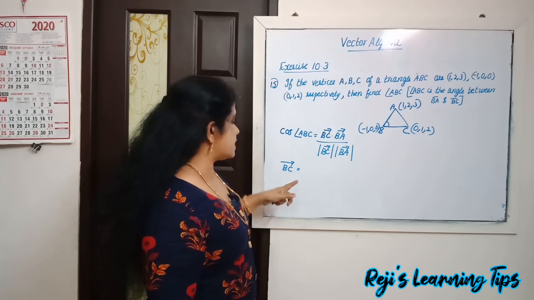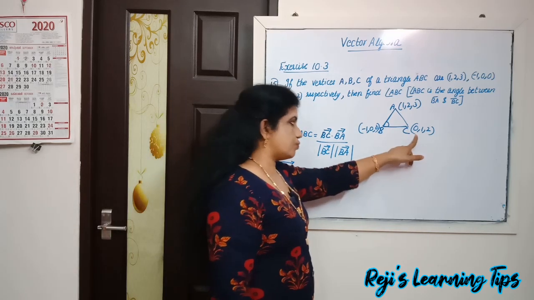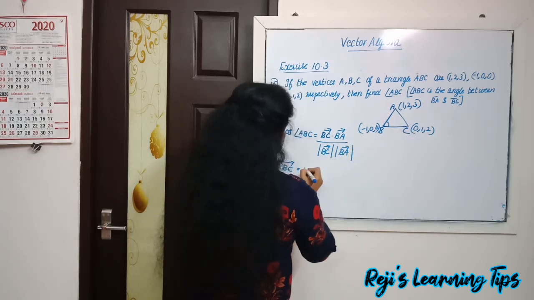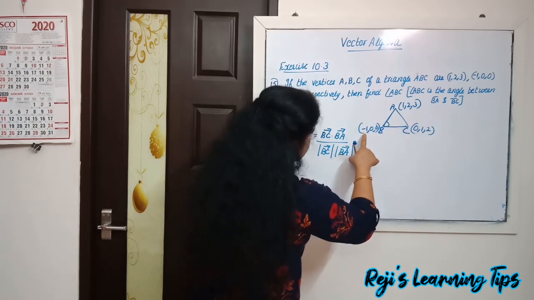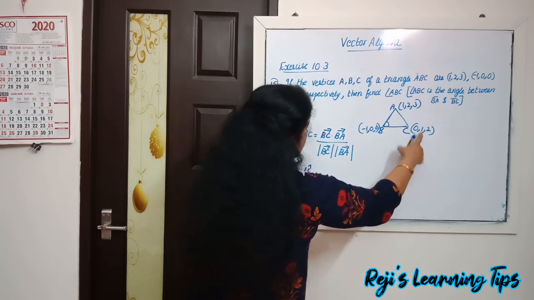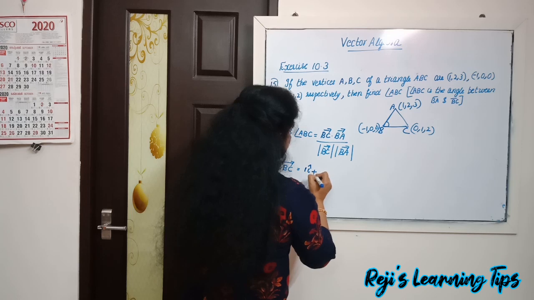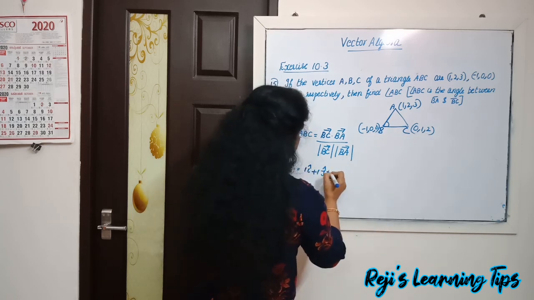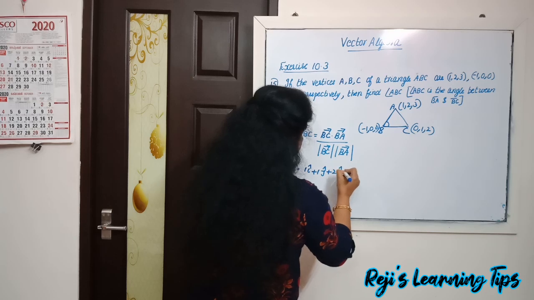So x2 minus x1 is 0 minus of minus 1, that is 1 i cap. 1 minus 0 is 1 j cap. Then 2 minus 0 is 2 k cap.